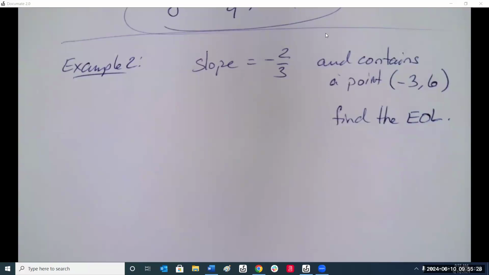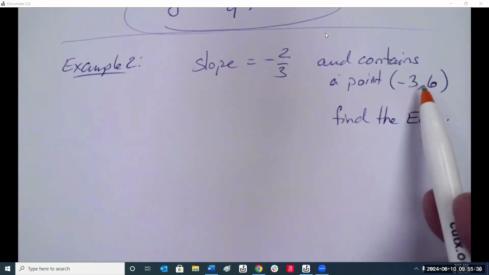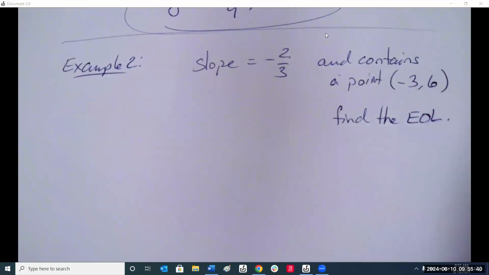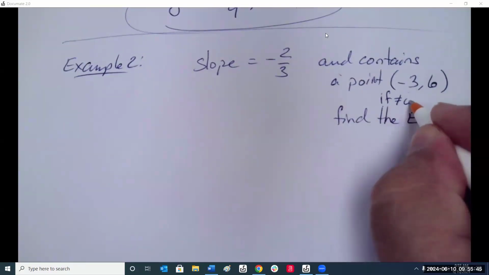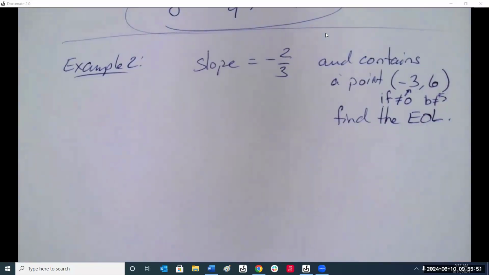X is not 0 and it's negative 3. Does that matter, or will the 6 still be B? No. This is different. If that's not 0, this is not B. So if not equal to 0, then not equal to B. So we have to find B.